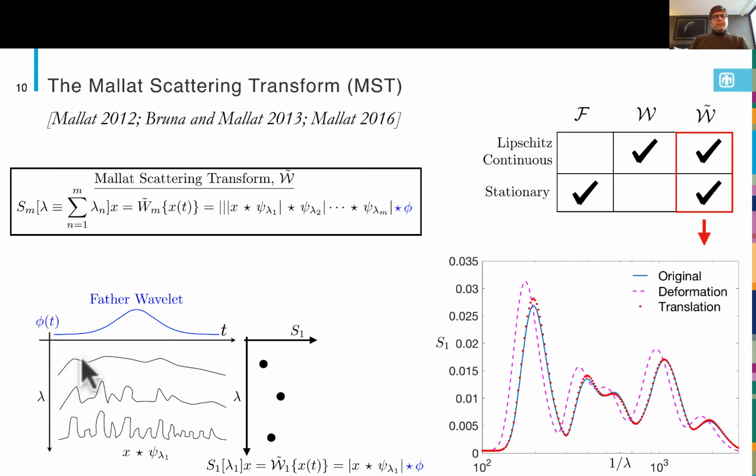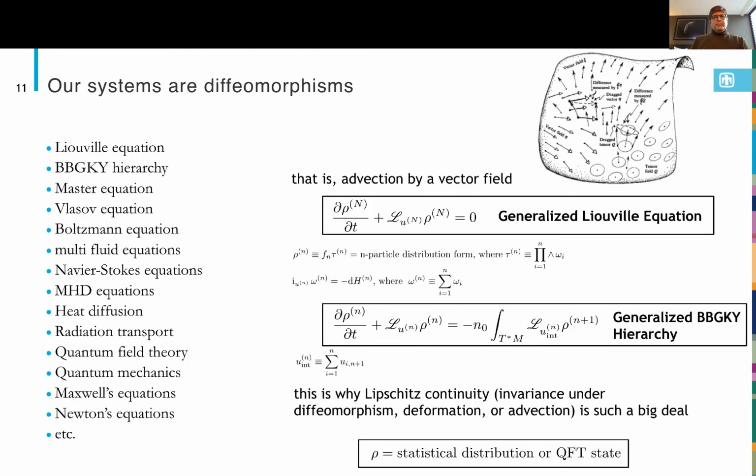And now we end up taking this curve into a point, this curve into this point, and this curve into this point. Turn this on the side. We now have the first order scattering transformation, and we can do it with the other orders. But you now see that it is continuous to both deformation and translation. So we get the best of both worlds.